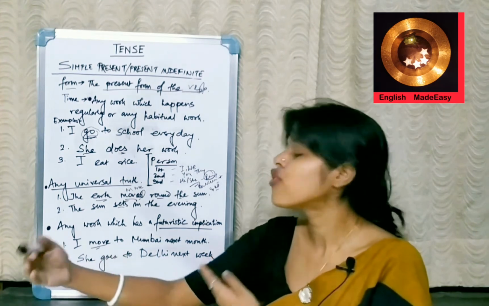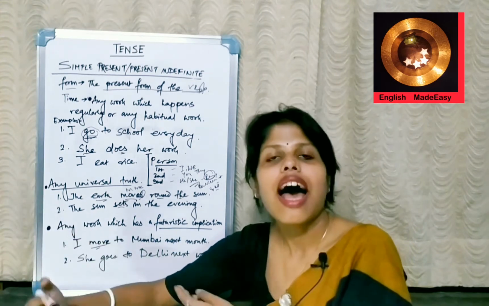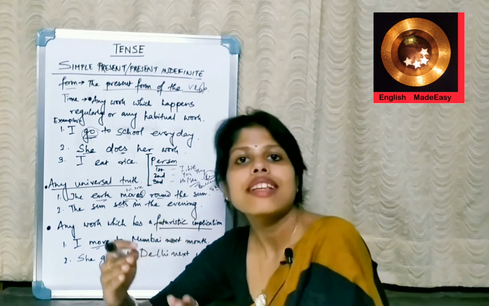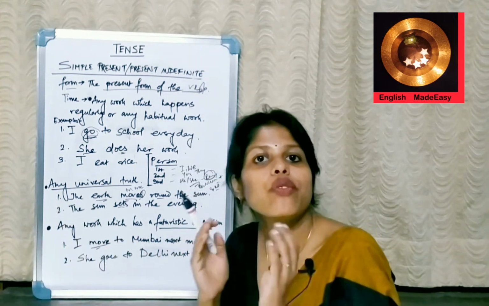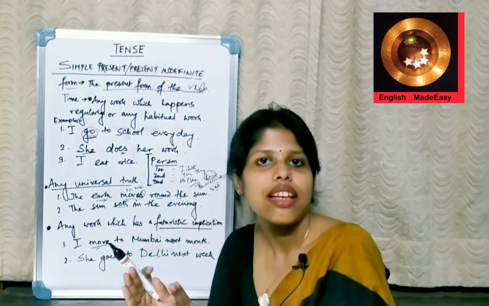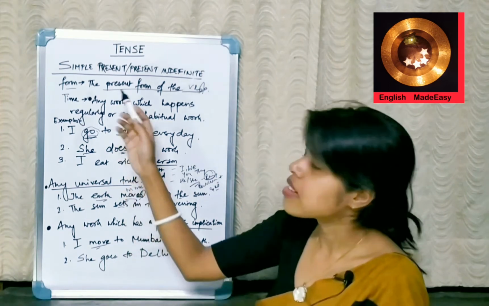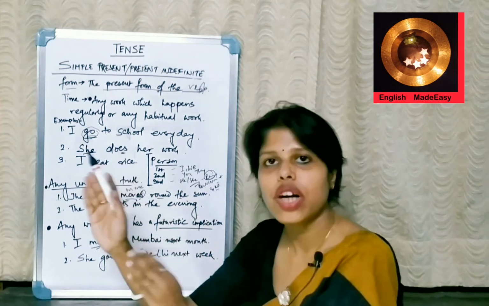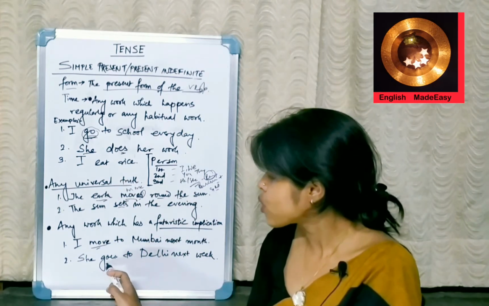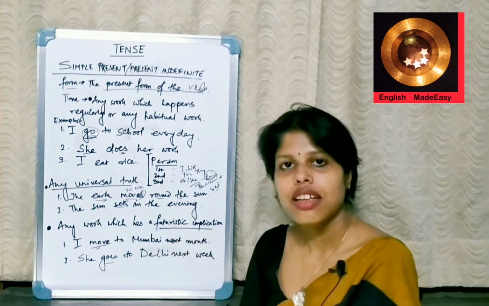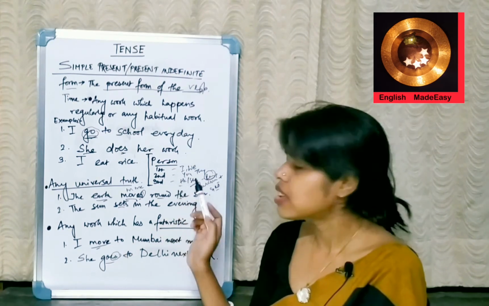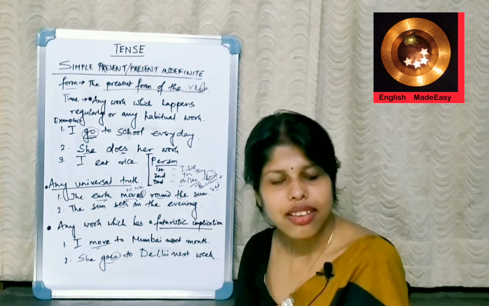Like, I move to Mumbai next month. I go to Kolkata next month. See, it has a futuristic implication, but we are not using will. This also falls under simple present tense where we use the present form of the verb. She goes to Delhi next week. She goes, again es as we are using the third person.